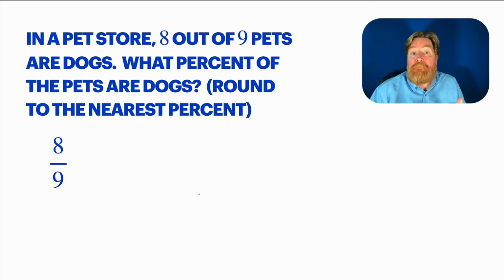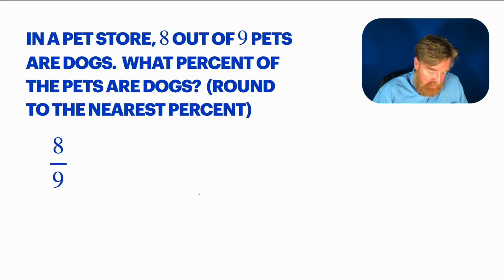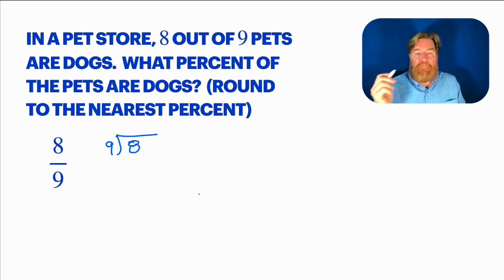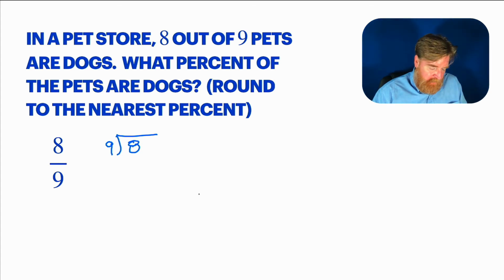So what I'll do is I'll just divide. All right, let's do this division. Let's take 8 and divide it by 9. Well, 9 does not go into 8, so let me take advantage of the decimal, dropping a decimal point and putting a 0 down. Now, 9 goes into 80, you bet. 8 times, right? 8 times 9 is 72.